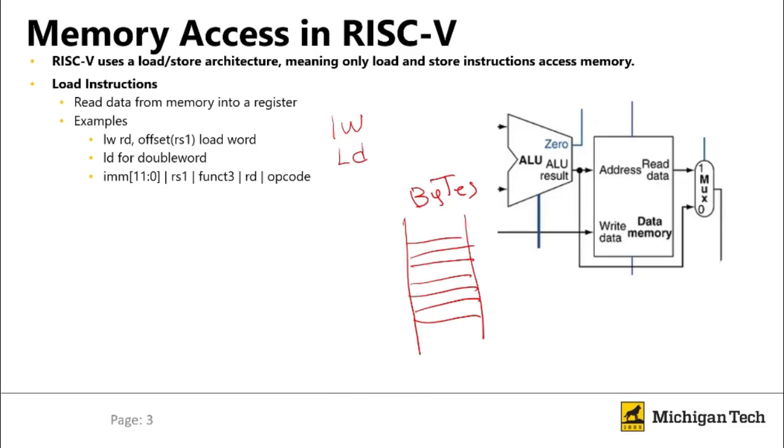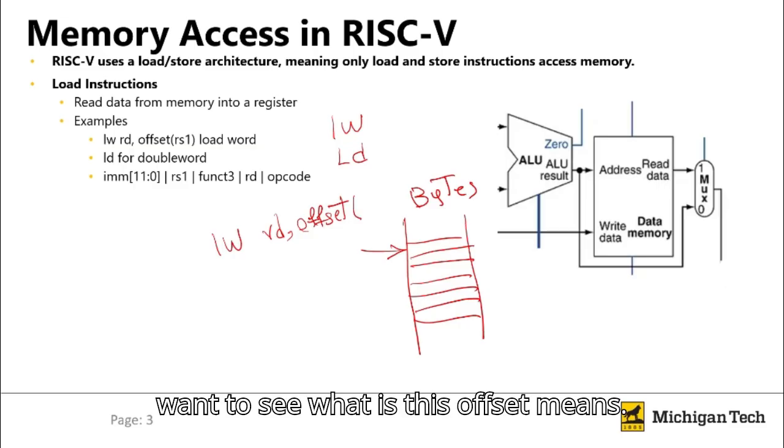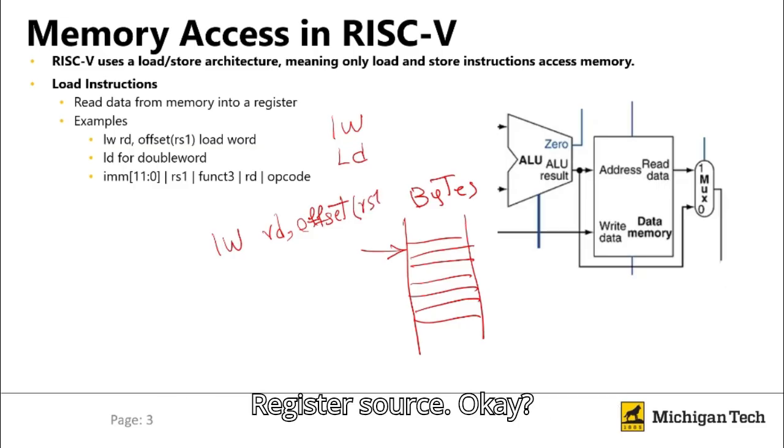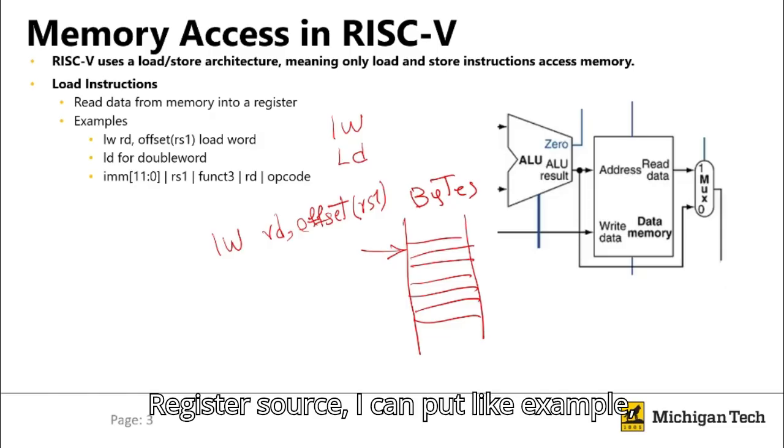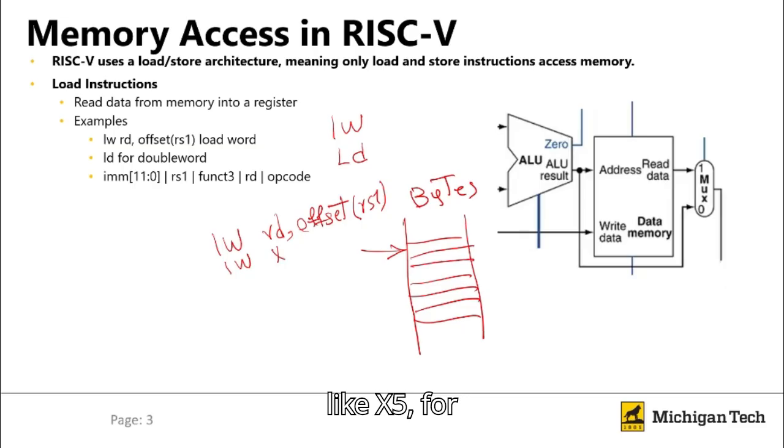Okay, so for example, load word, this is rd, offset, register source. I want to see what this offset means. I can put a real example, like x5 here, the offset being 10, and the register source is x20.